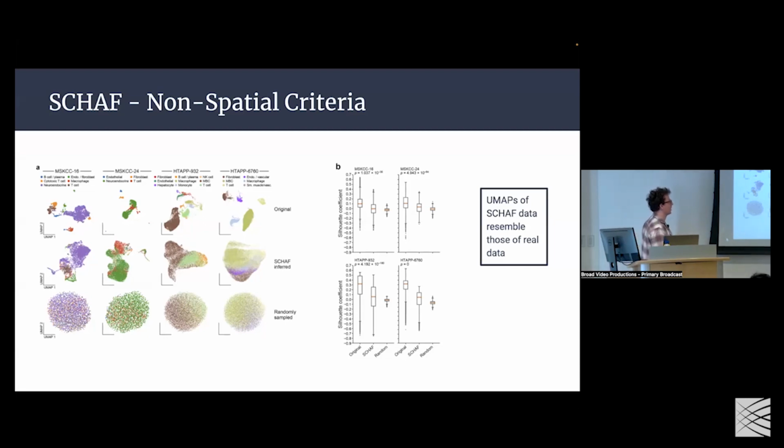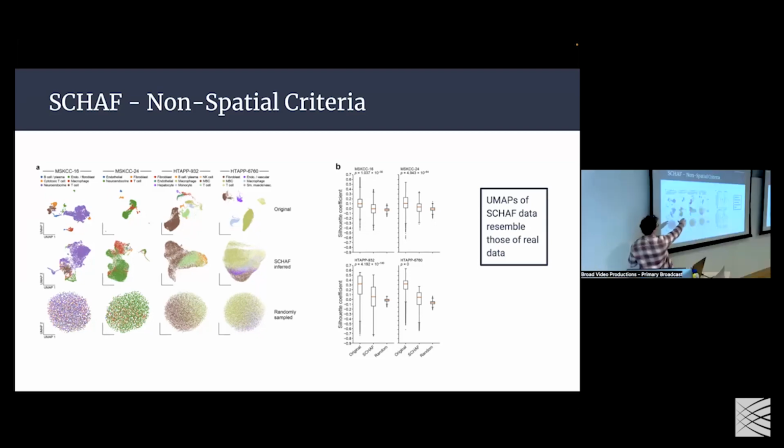You can see that the shape dynamics, color dynamics, and clustering dynamics, qualitatively, between the SHAF rendered data in the middle and the original are actually somewhat encouraging. I like to think they are. At the bottom, our baseline seems like it means nothing.